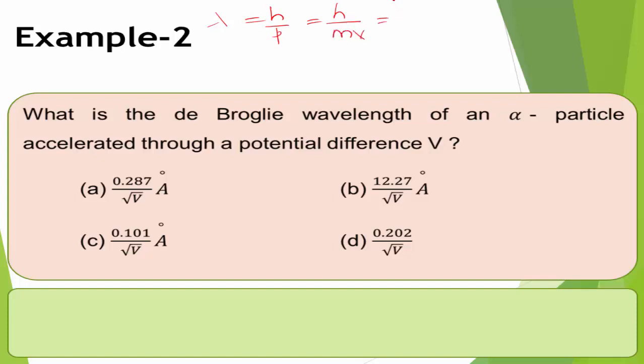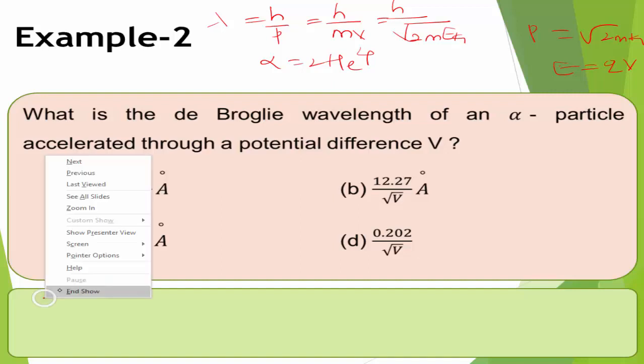I can write this in the form of kinetic energy, that is h divided by root of 2m into kinetic energy. Here momentum p is equal to root of 2m into K, and energy E is equal to q into v. But here the alpha particle is 2He4.